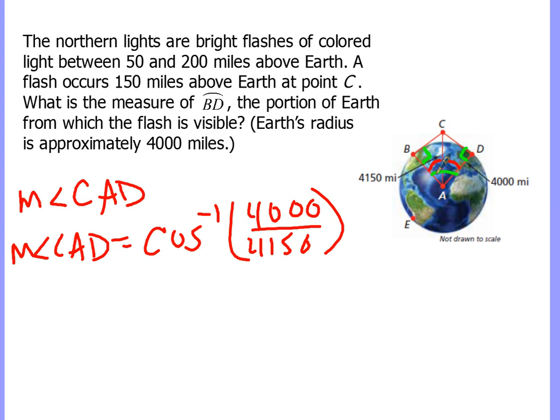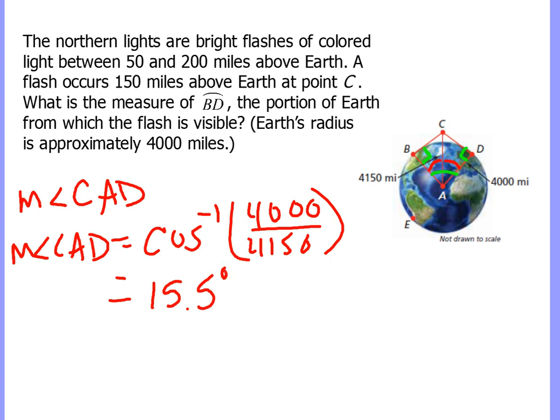Think about what happens here. That's our right triangle trig functions being utilized all together. So now, once we find CAD, then it's just simple multiplication by 2. So when we find our angle CAD, this is roughly going to be about 15.5 degrees.